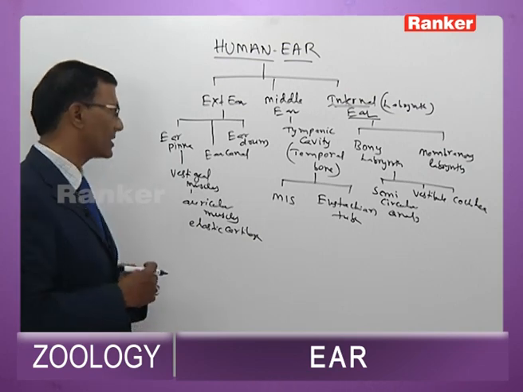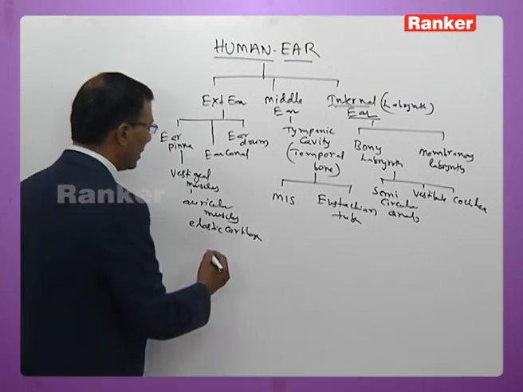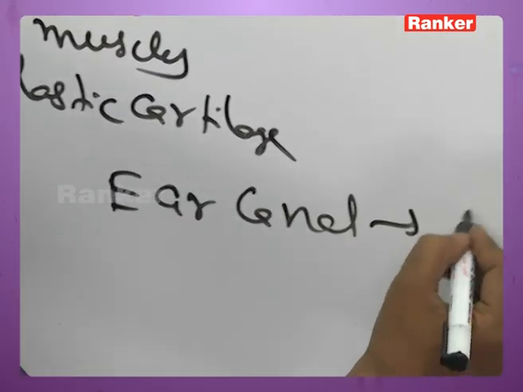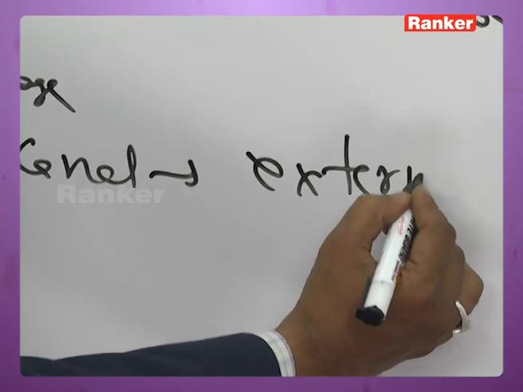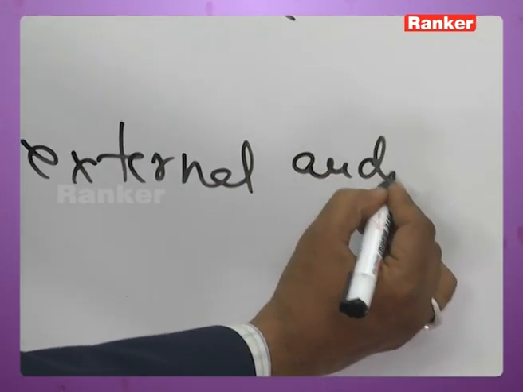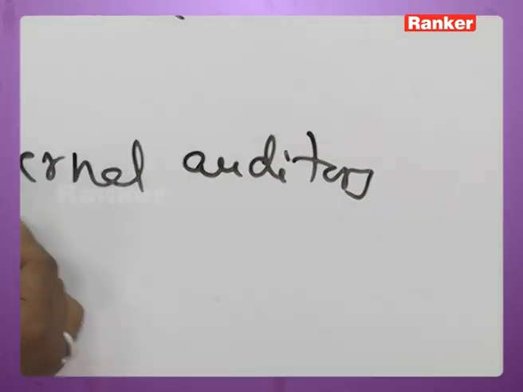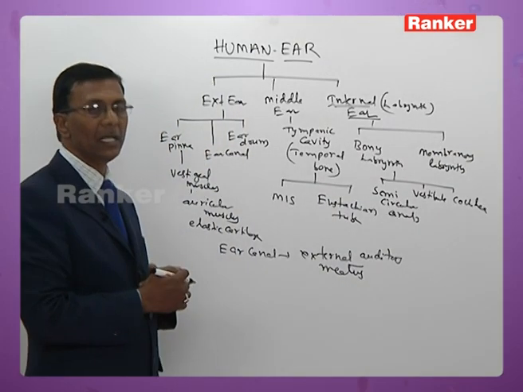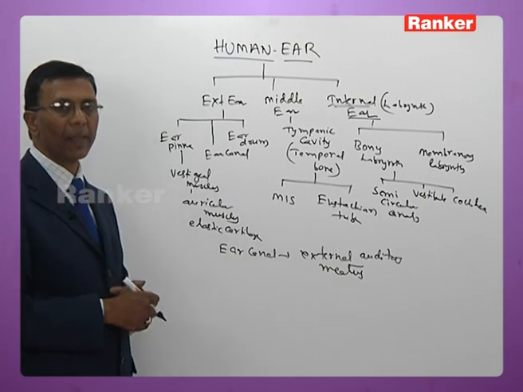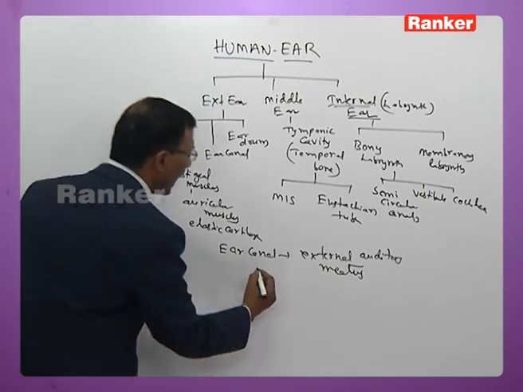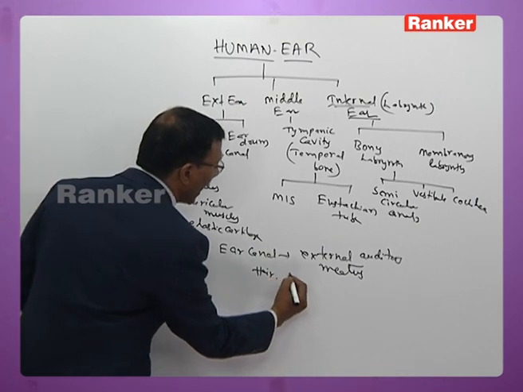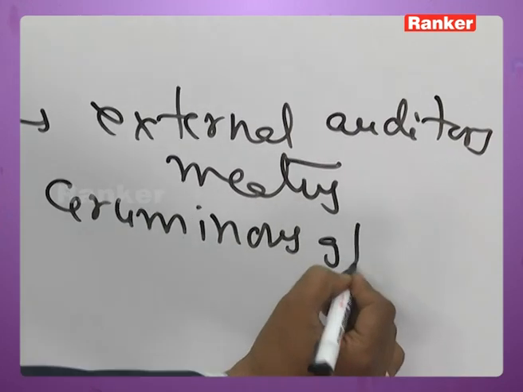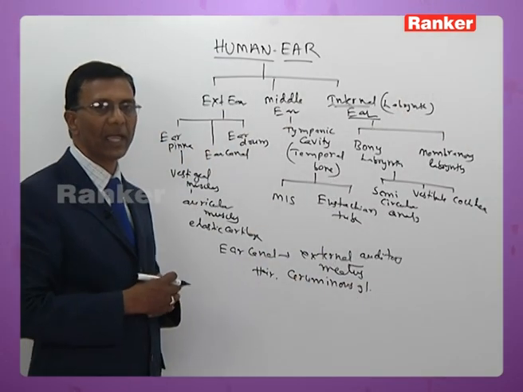Auricular muscles are vestigial. Now the ear canal is also called the external auditory meatus. This external auditory meatus has lots of hair and ceruminous glands.